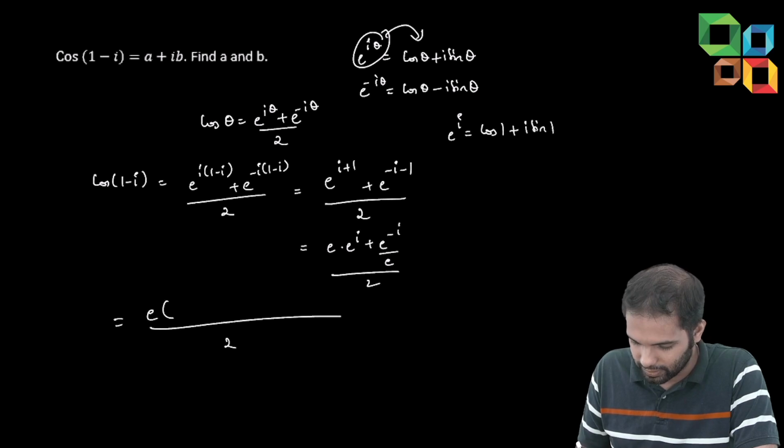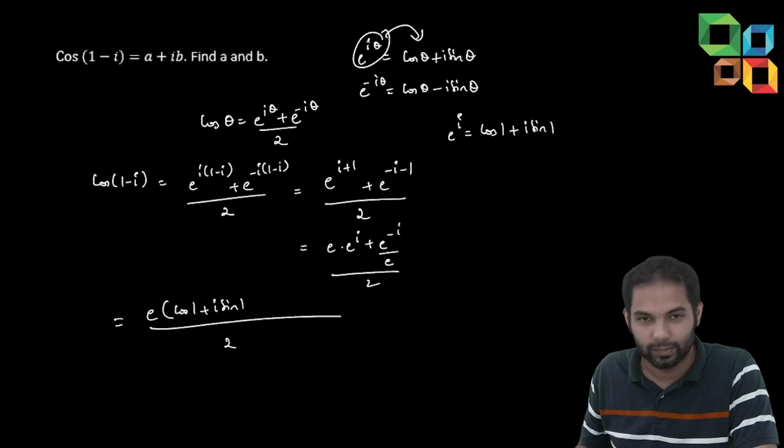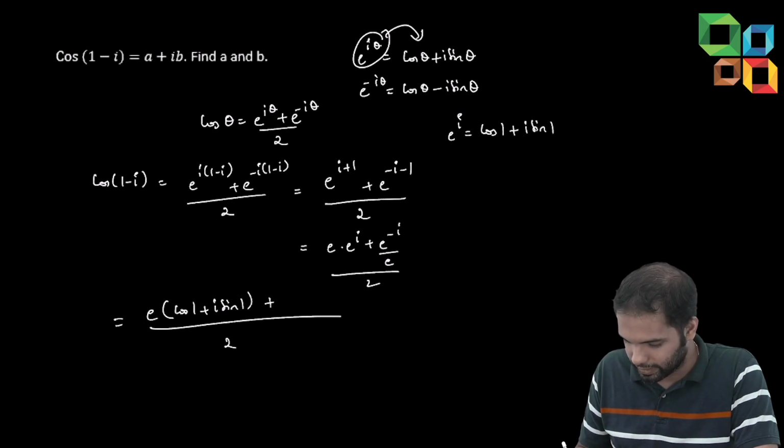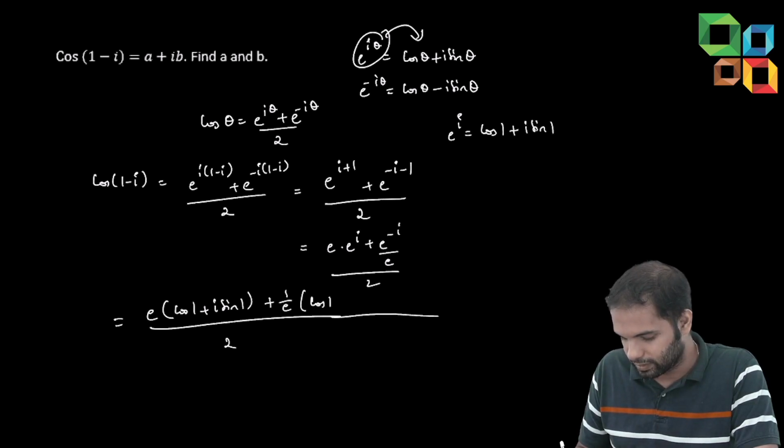Same thing I'll substitute here: cos 1 plus i sin 1. For the other part, we have e power minus i, where 1 by e is a constant outside. Same logic: cos of minus 1, which is cos 1 itself, minus i sin 1.